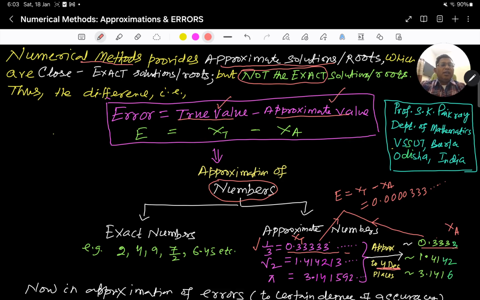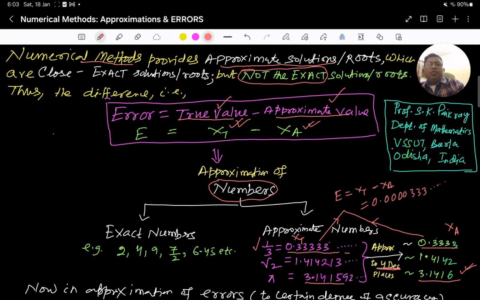Now sometimes while we round it off, for example 3.1416 is rounded to 3.1415. Now the approximate value is larger here, so if you subtract it, there will be a negative sign, right? So we should write the error in absolute form. As you understand, error is true value minus the approximate value.